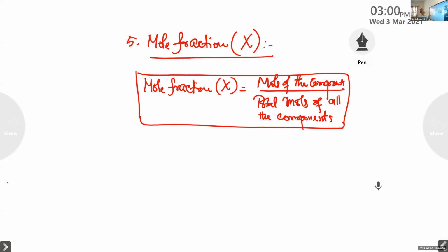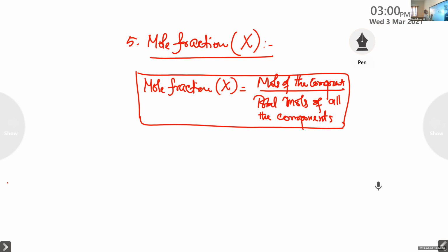You take a binary system, a binary solution. There are only two components. Say the mole fraction of component 1 is x1, and the mole fraction of component 2 is x2.